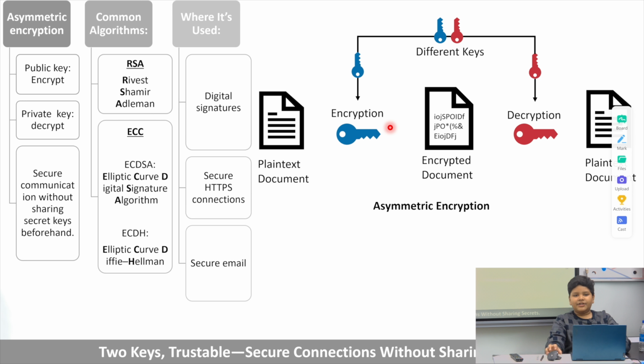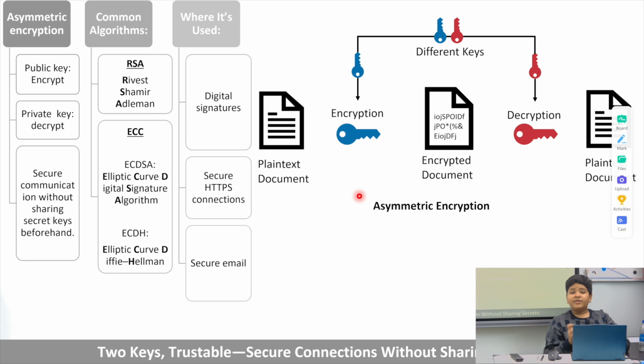You send the public key to the public, anybody can lock the message and send it over to you, and then you can unlock it using the private key. Some examples include RSA and elliptic curve cryptography. This is what makes communication over the internet possible. But unlike symmetric encryption, which is fast and power efficient, this one is not as fast and power efficient.